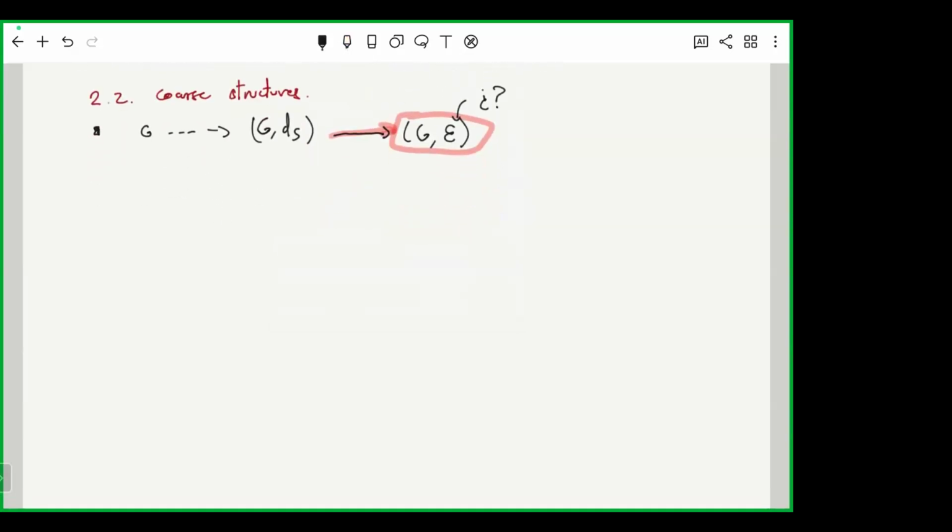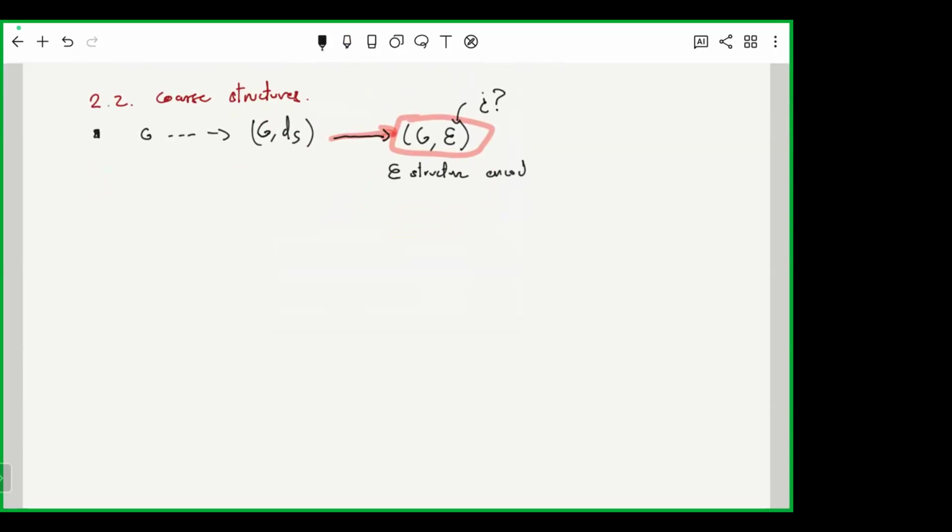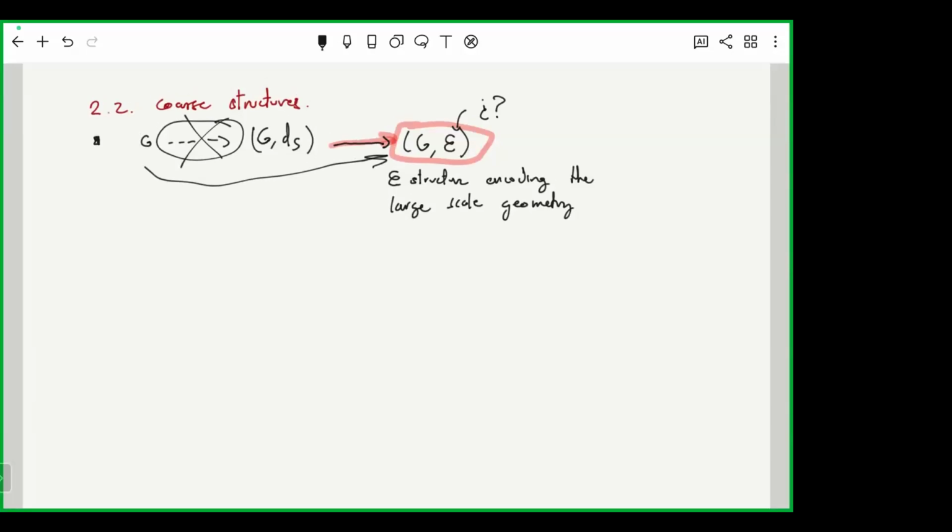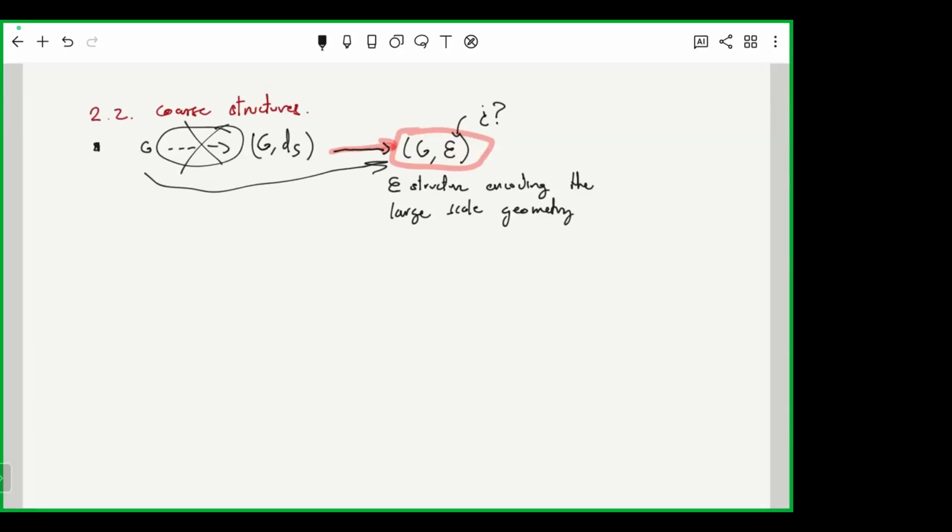So I will forget about the metric and I will consider some structure here encoding the large-scale geometry. This arrow is not well defined, but this one will be well defined. This structure will be independent from S. So this is what a coarse structure will be.